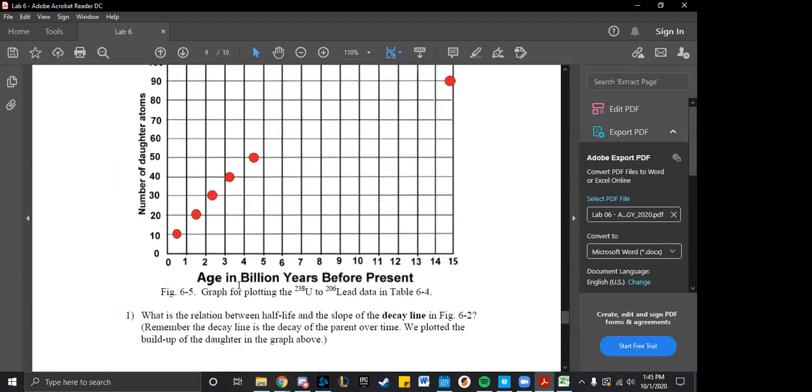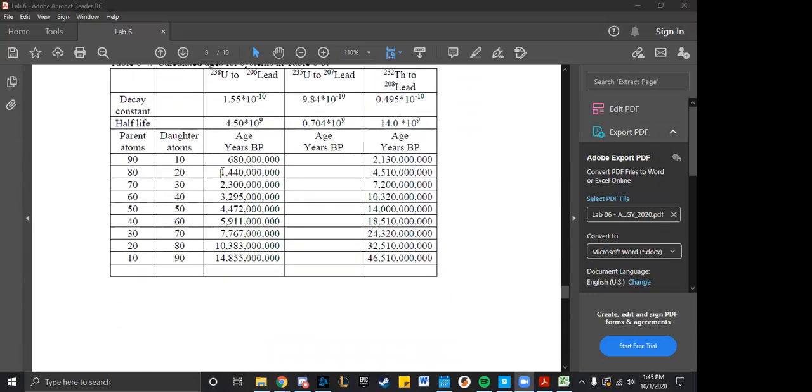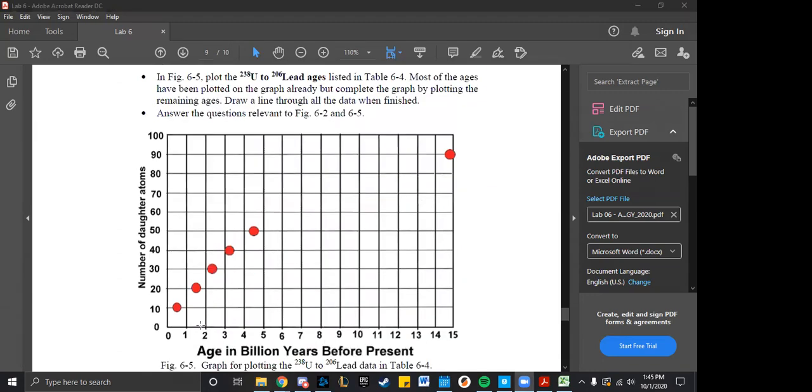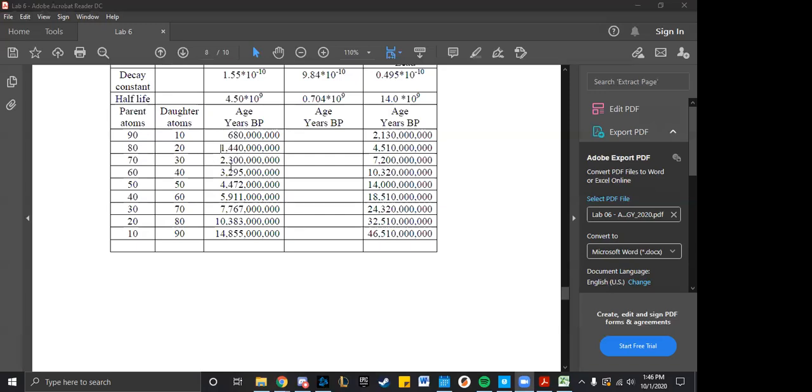And this changes to billions of years. So 0.6 is roughly here, and there's 10. So you're just going to reference back to the thing up here. And so at 1.4, there's 20. Yeah. And so you'll just keep doing that up to a certain point. Okay, that's cool.